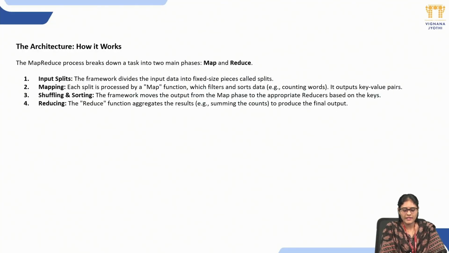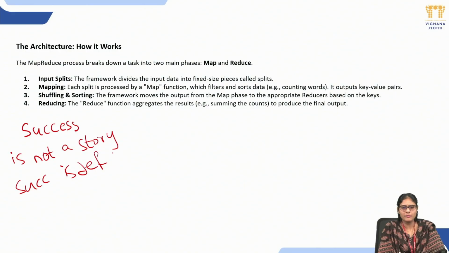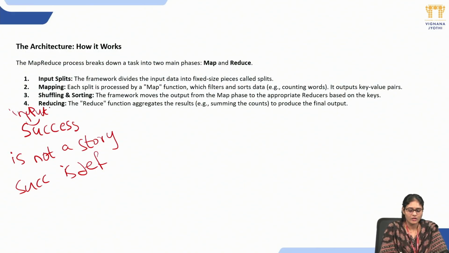So what is the input? "Success is not a story. Success is definition." So this is the input. And how will the mapping happen here?